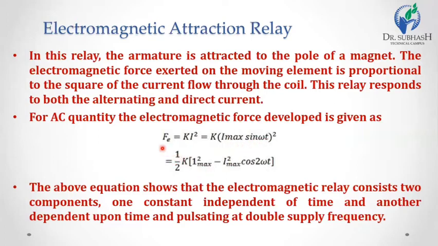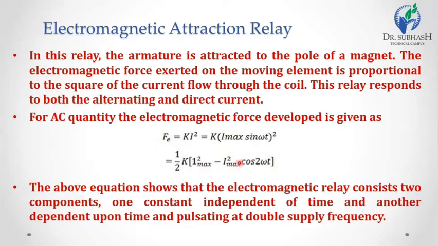So ultimately the electromagnetic force Fe is equal to 1/2 K (I square max minus I square max cos 2 omega t). So these are the two conditions where the electromagnetic force is developed.